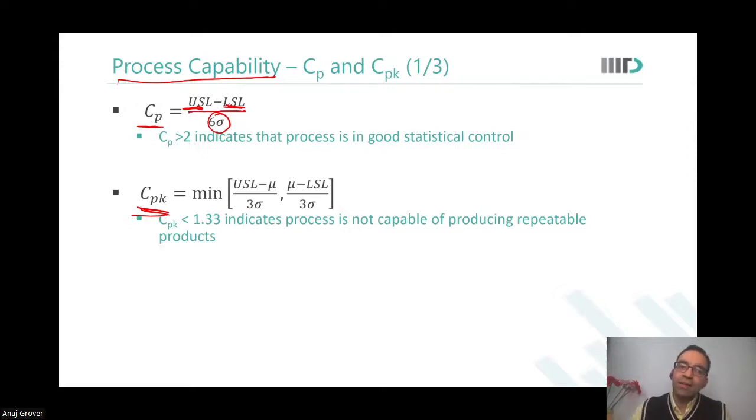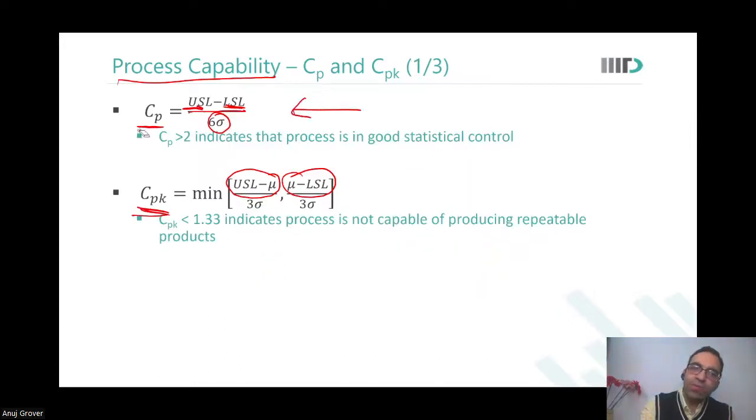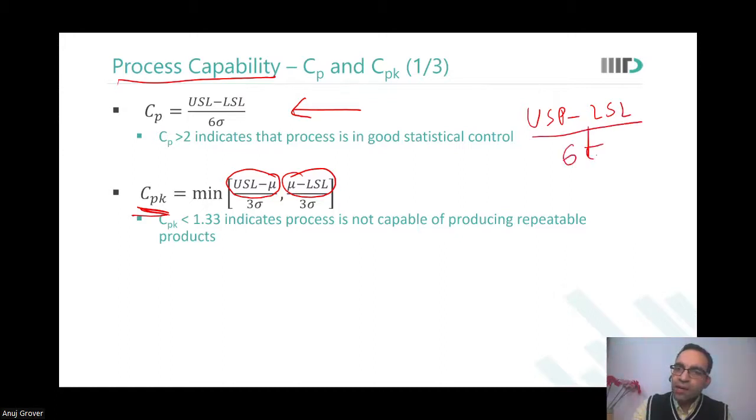CPK instead talks about a different parameter. It says how far my upper specification limit is from the mean and how far the lower specification limit is from the mean, and then you look at it in terms of sigma. Now, what does this mean? If your CP is less than 1, the upper spec limit minus lower spec limit is some value, but your 6 sigma is crossing that value.